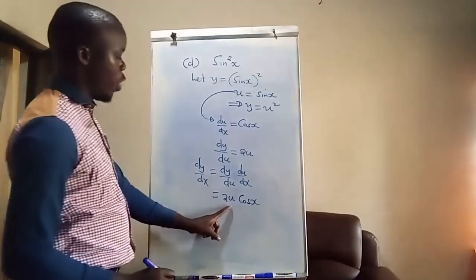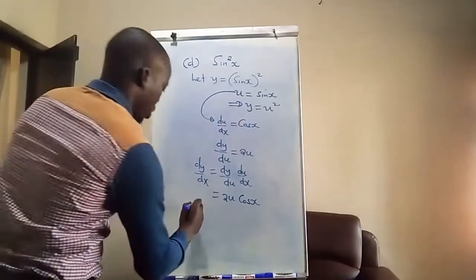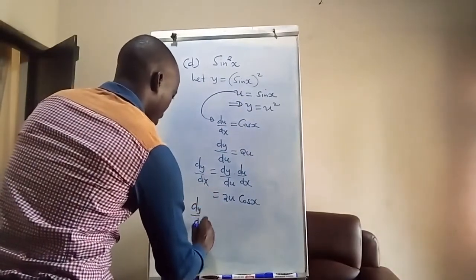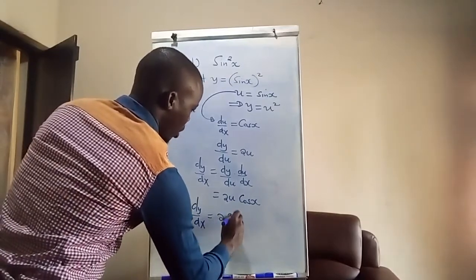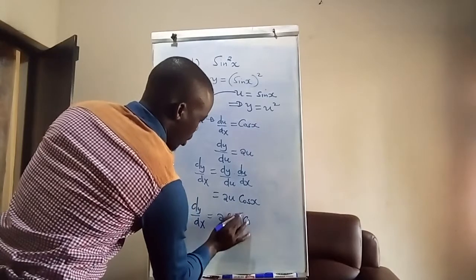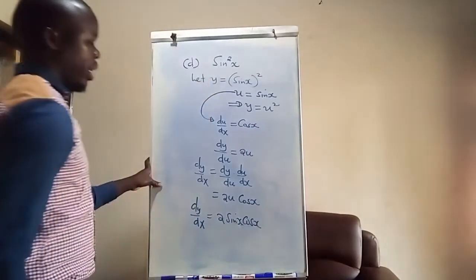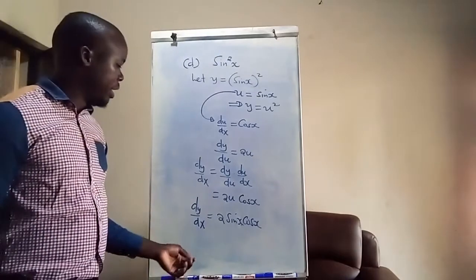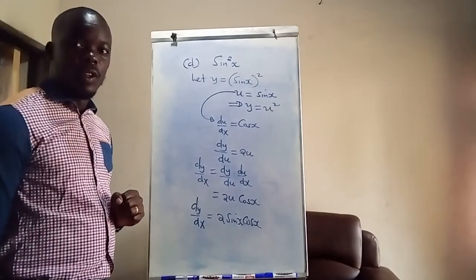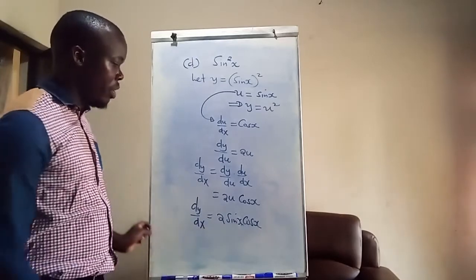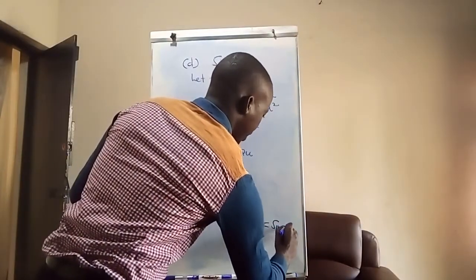But remember, our u is already sine x. So it means dy dx will now be 2 sine x cos x. I will maintain the angle. So that becomes our answer when you differentiate sine squared of x. Or someone could even proceed and modify this and write it as sine of 2x.